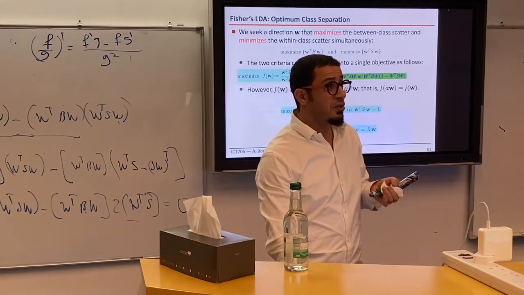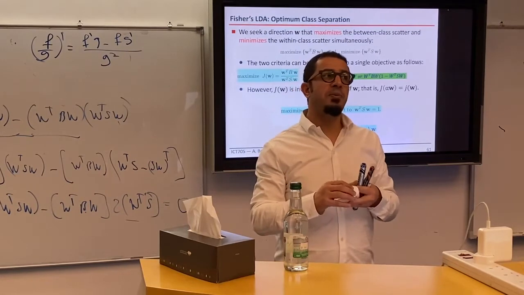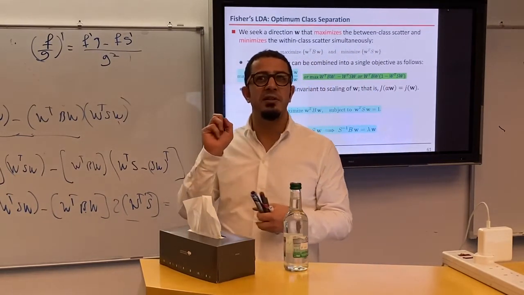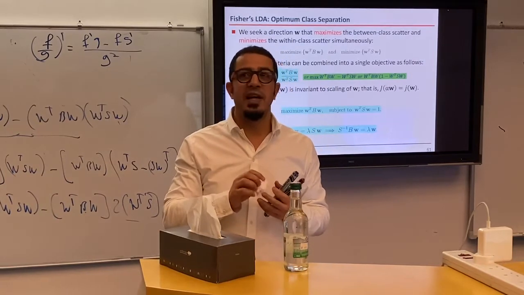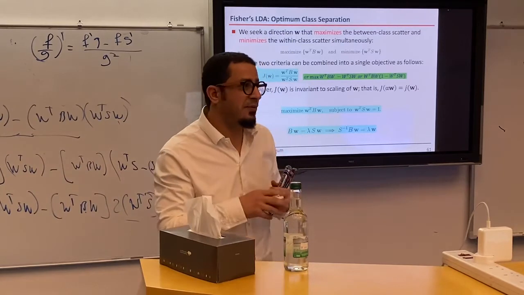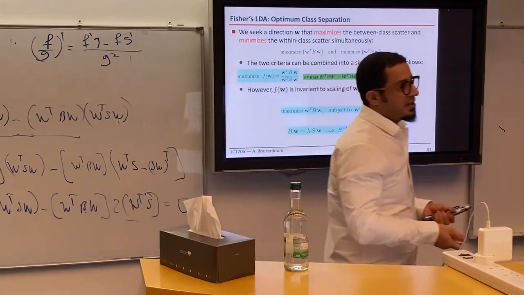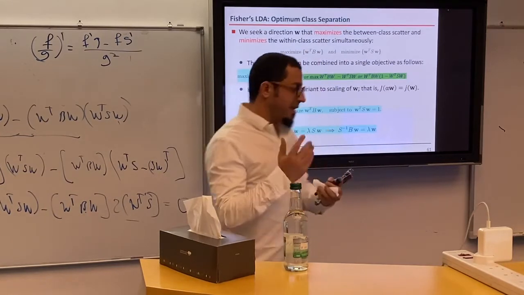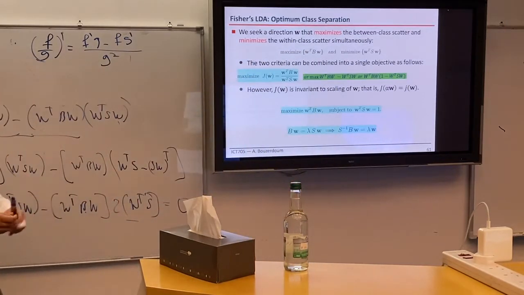What does it mean, subject equals 1? When you have optimization with a constraint, do you remember the Lagrange parameter? Yes, lambda. It comes from the technique of optimization. So you can use it as it is, or I give it to you quickly. I come back to this one, okay?